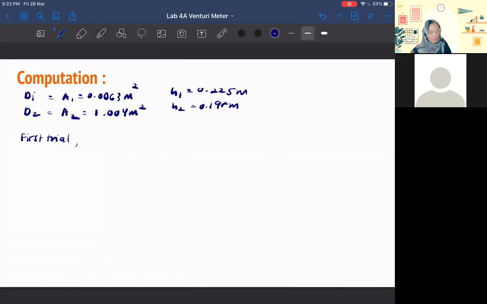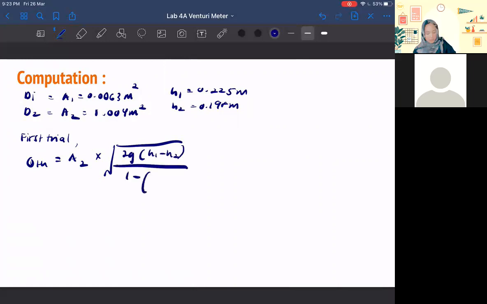So firstly, Q theory equals A outlet times the square root of 2g times H1 minus H2, which is the delta H, over 1 minus A outlet over A inlet squared.